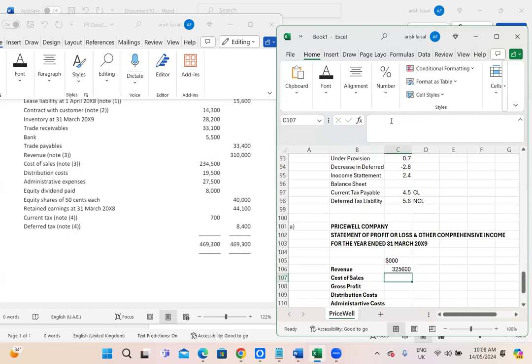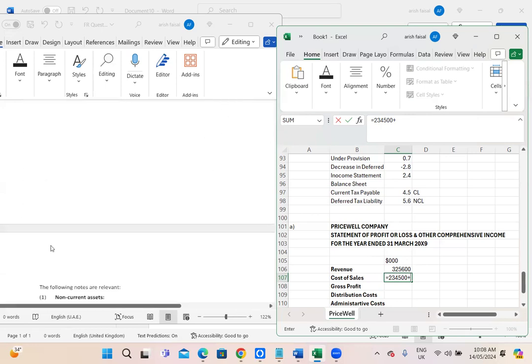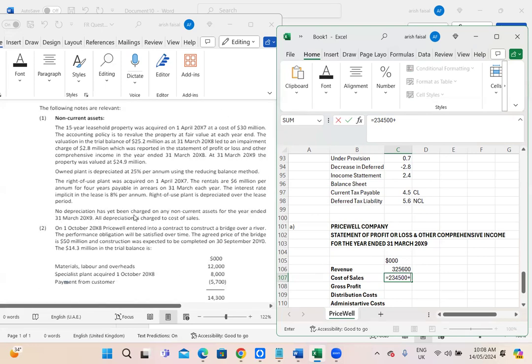So the revenue over here is 325600. Now, as far as the cost of sale is concerned, that is 234500 plus all your depreciation, because if you read over here, the policy was that no depreciation has yet been charged on any non-current asset for the year end, and that has to be charged in the cost of sale.